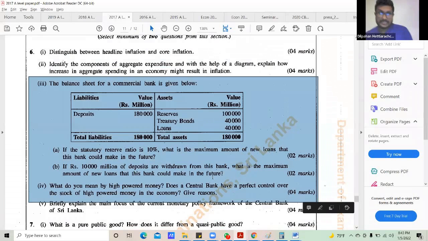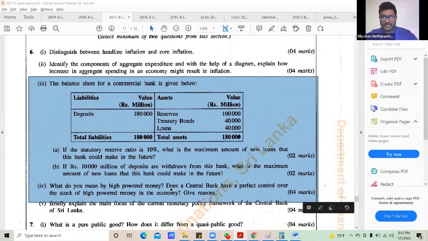Just take 30 seconds and read what is there. Okay. So this is a balance sheet.